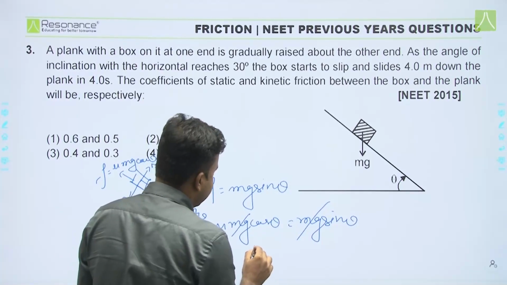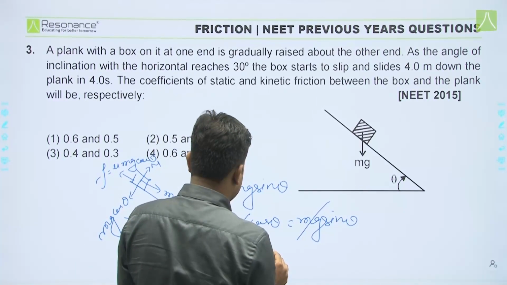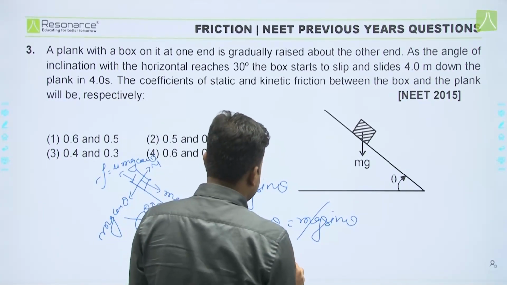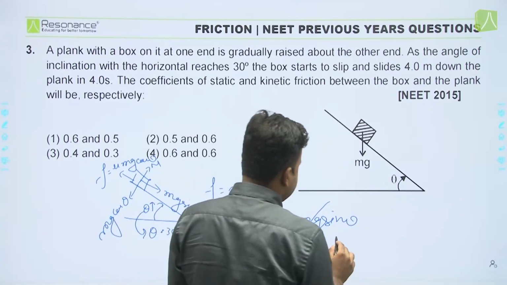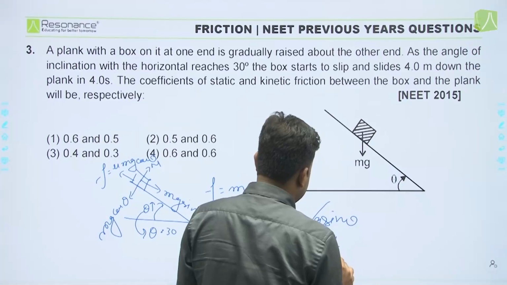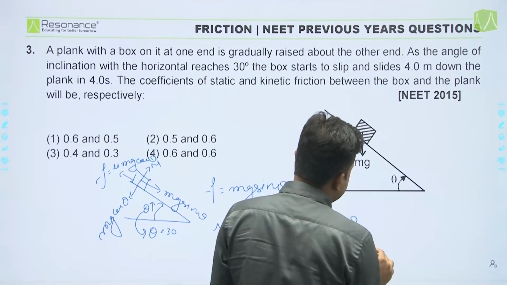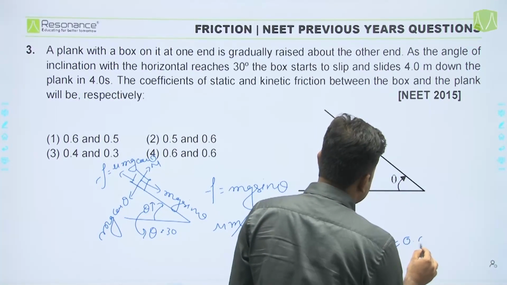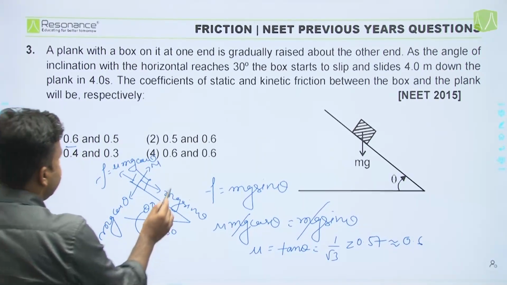So from here we are getting mu equal to tan theta. Now theta is given, it means it will be 1 by root 3. 1 by root 3 is 0.57, or approximately we can write 0.6. The answer is 0.6 here.